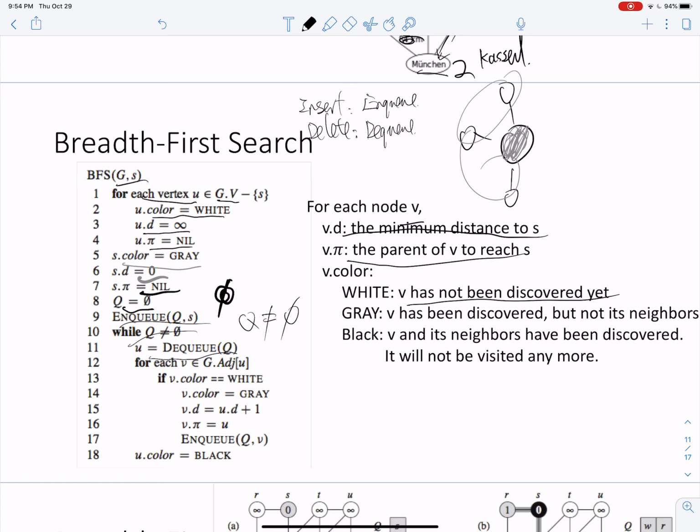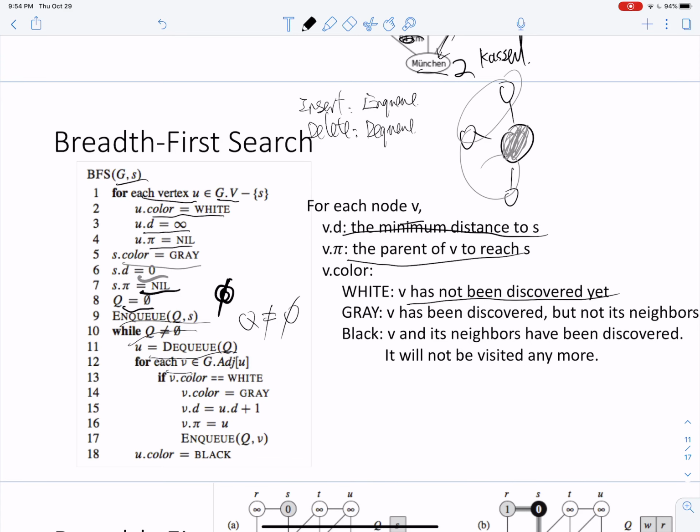And then for each node v in G.adj[u]. Here I need to explain two things. First, what is G.adj[u]? We can say it in another way: the neighbors of u, and we store its neighbors in a set.